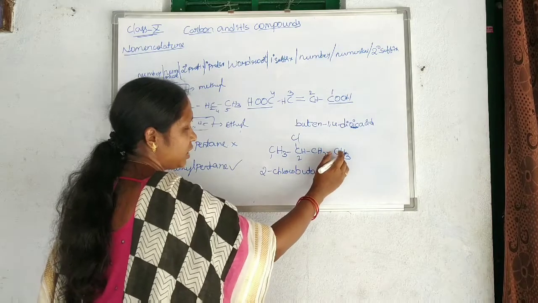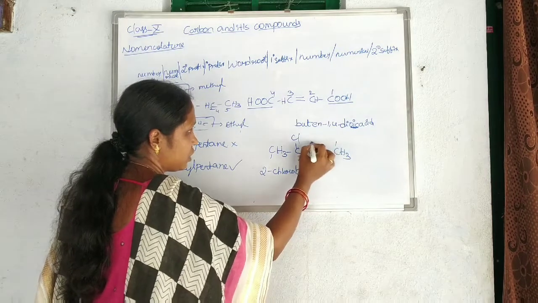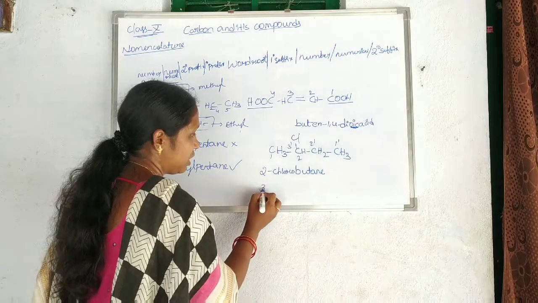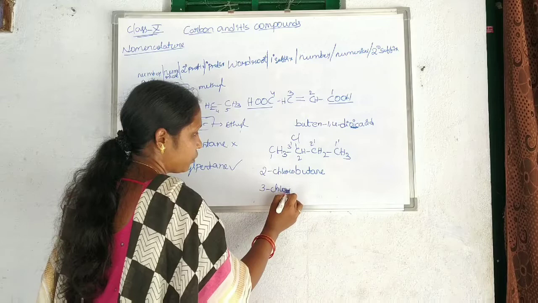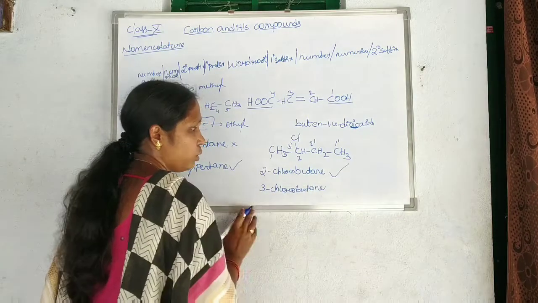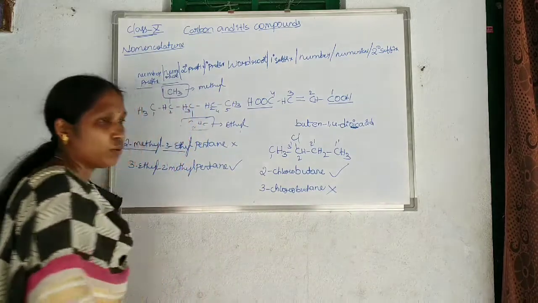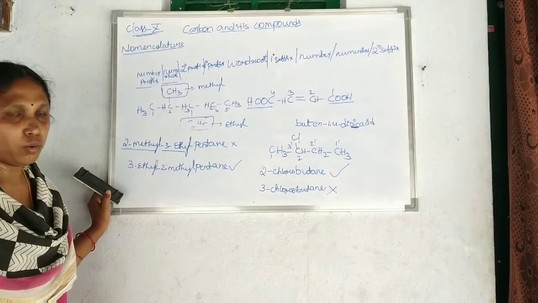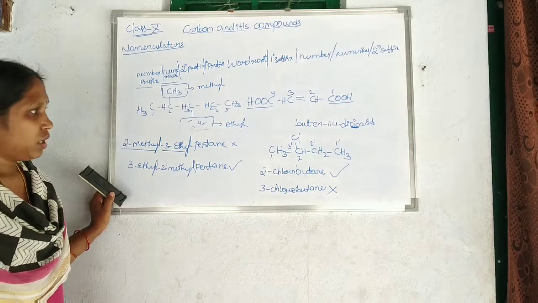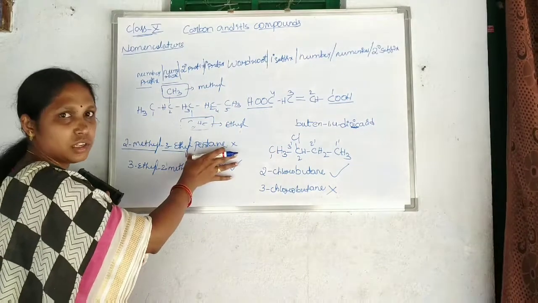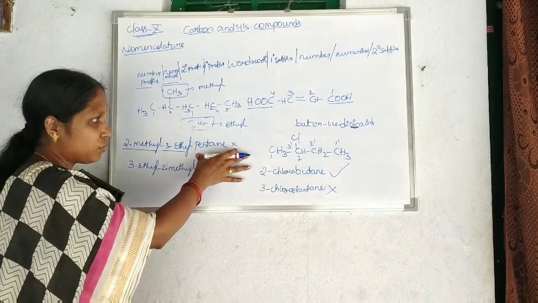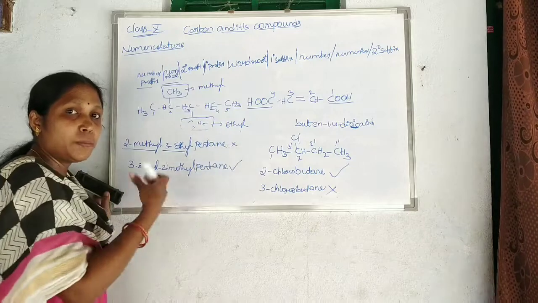From the right to left, it has the third position. So we will write 3 chlorobutane. But 2 chlorobutane is right and 3 chlorobutane is wrong. How do we say one is right and another one is wrong? That is what we are going to learn with this type of examples: the rules for numbering a carbon chain.